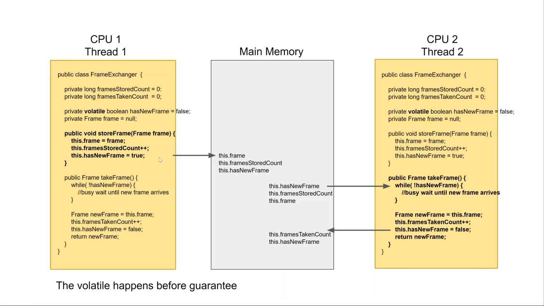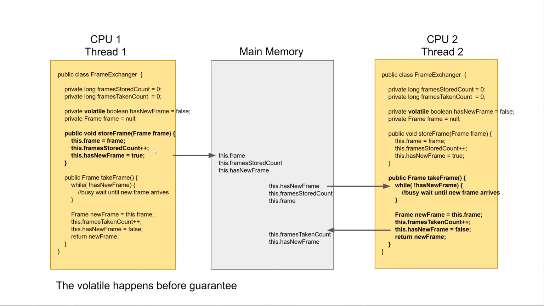And I will start over here on the left by explaining the happens before guarantee related to writes to volatile variables. So any write to a field or variable that happens before a write to a volatile variable will remain before a write to a volatile variable.